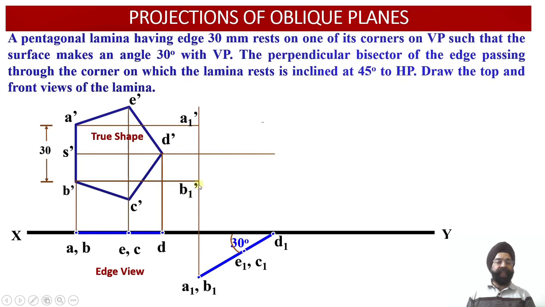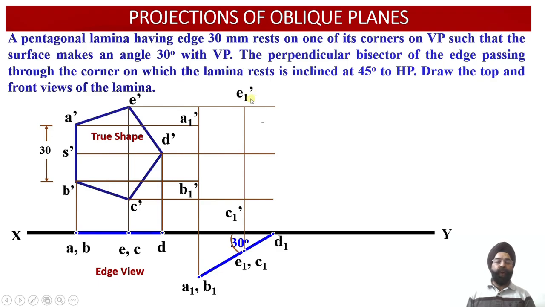Similarly, B1 dash point can be located by virtue of the intersection of the vertical projector drawn through B1 and the horizontal projector drawn through point B dash over here. Similarly, we are able to obtain the points C1 dash and E1 dash over here. So we can check C1 dash point in the elevation view has been obtained by virtue of intersection of the vertical projector drawn through the point C1 and the horizontal projector drawn through the point C dash over here.